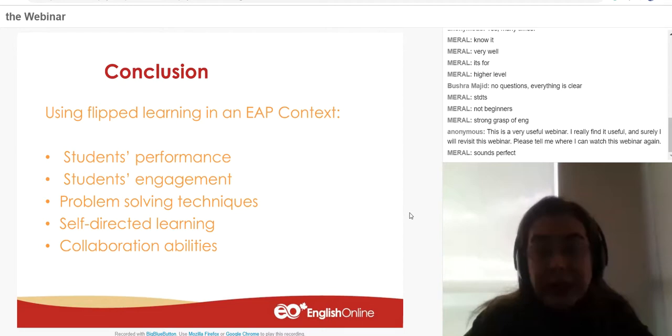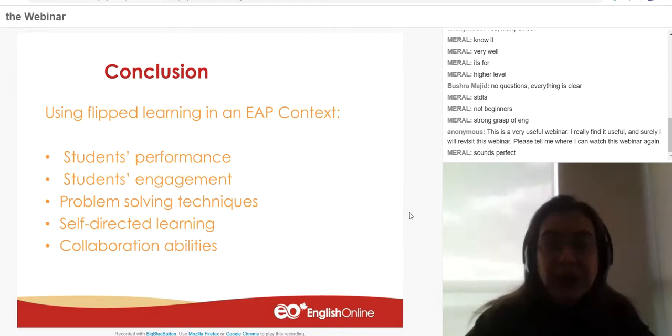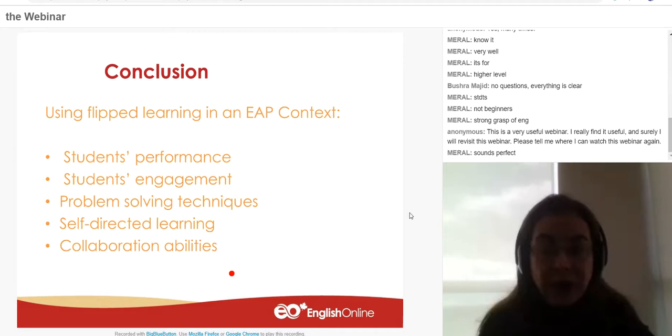And hopefully it leads to more self-directed learners, because they're the ones looking for the information themselves, even if it's provided by the teacher. It also helps create collaborative tasks and activities during class time. So students learn how to work with one another and how to approach their teacher, which is very helpful for young students as well as for adult learners, because some adult learners are so dependent on you as a teacher.